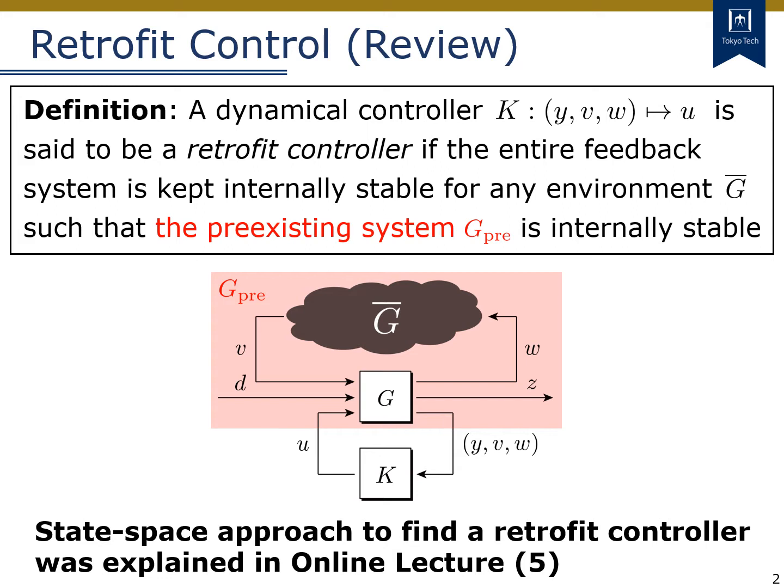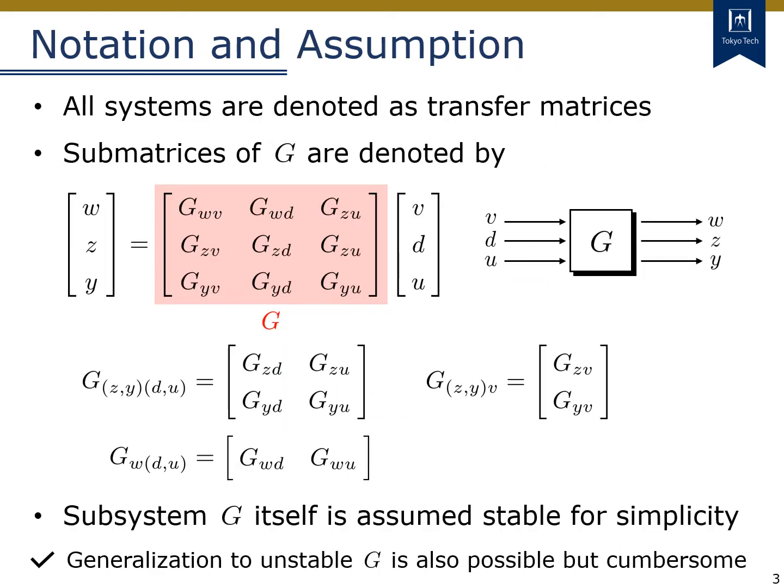In this lecture, on the other hand, we use a transfer function approach to characterize the retrofit control from a different perspective. First, the notation and the assumptions are summarized in this slide. As I explained, all systems here are supposed to be transfer matrices in the frequency domain.